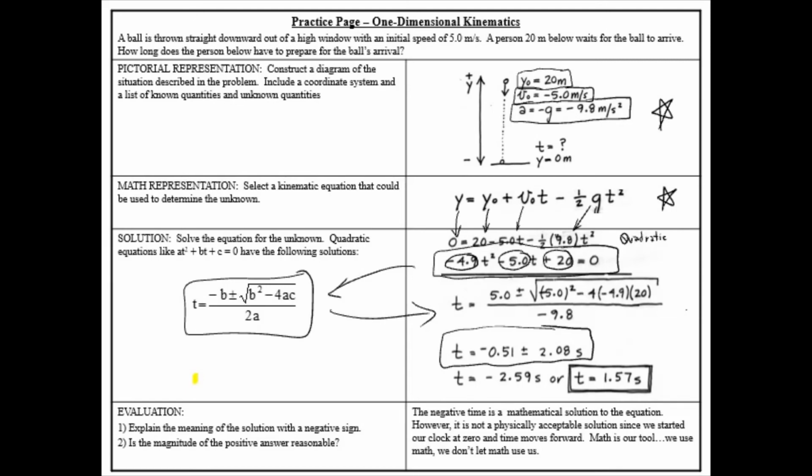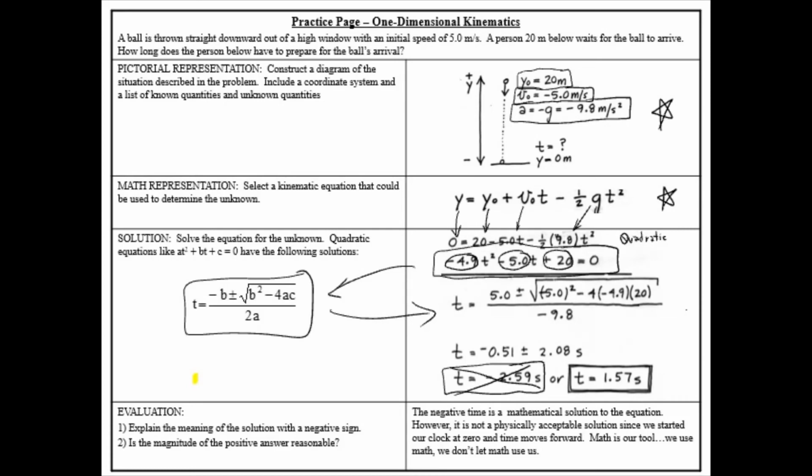Again, or I'm sorry, the time is minus 0.51 plus or minus 2.08 seconds, which gives me an answer of either the time is 2.59 seconds negative, right, negative 2.59, or positive 1.57 seconds. Obviously, t equal to negative 2.59 would solve the mathematics of the equation, but realistically, time does not run backwards.